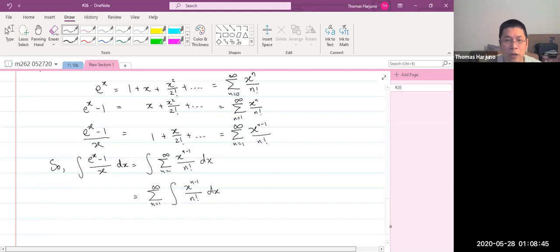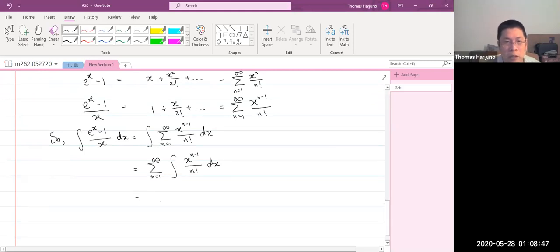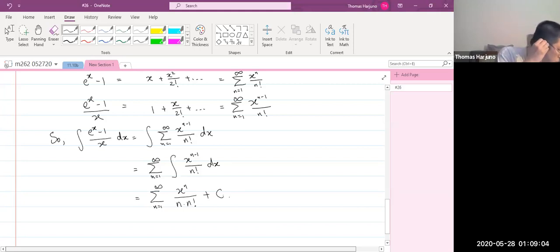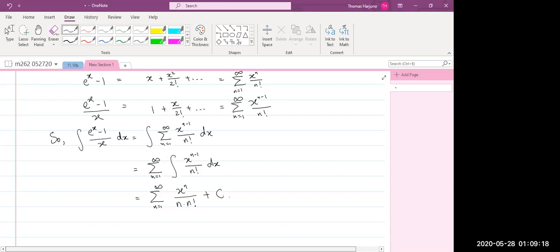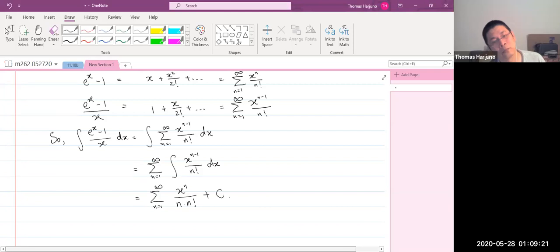Now, when you integrate that, you will have the series from 1 to infinity of x to the n over n times n factorial. Don't forget the constant.